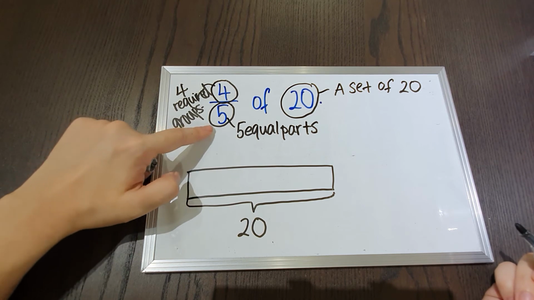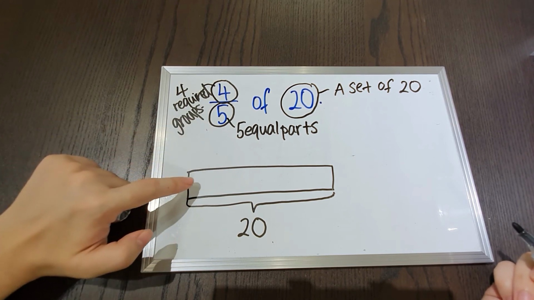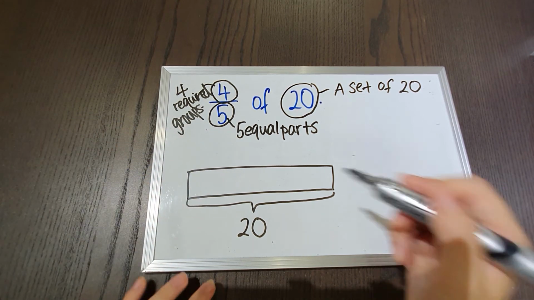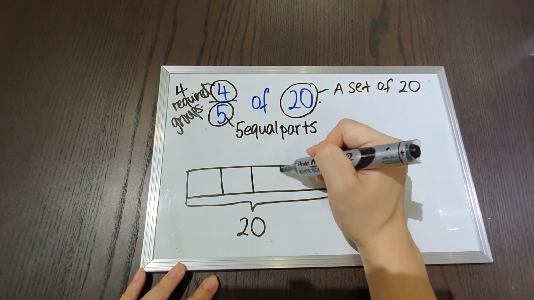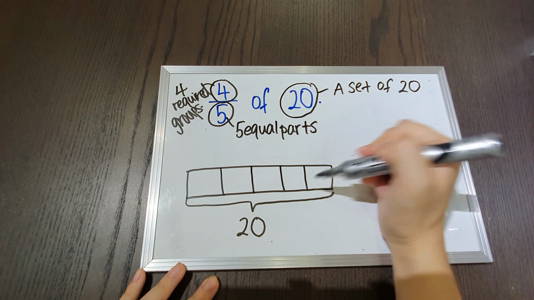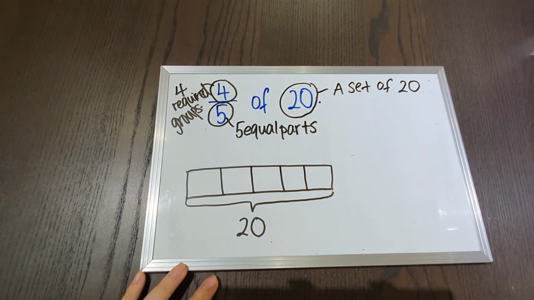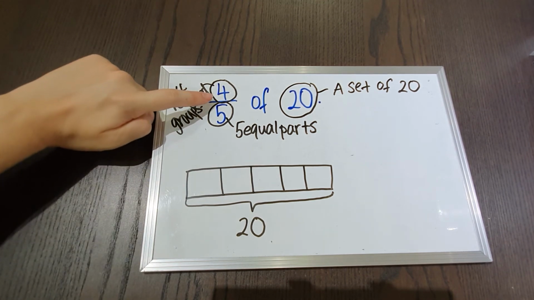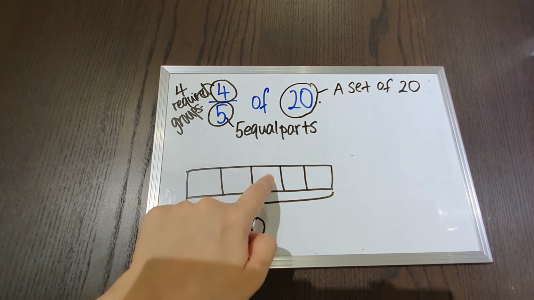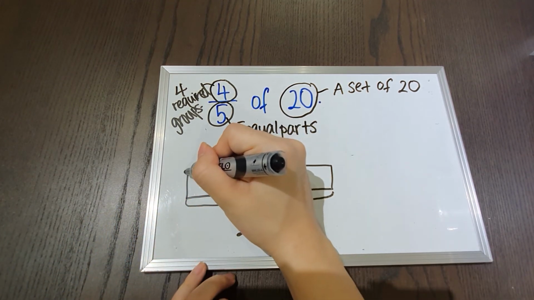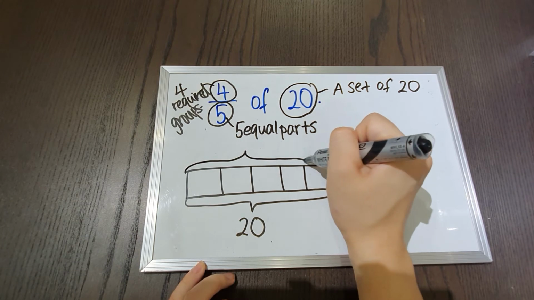So, since my denominator is 5, I'm going to cut my model into 5 parts. 1, 2, 3, 4, 5. Okay, and I only required 4 groups, which means I want to find the value of my numerator now, which is 4. So 1, 2, 3, 4. So this is what I want to find.